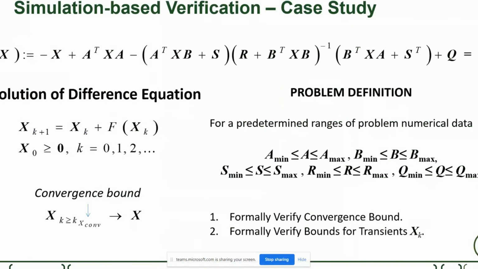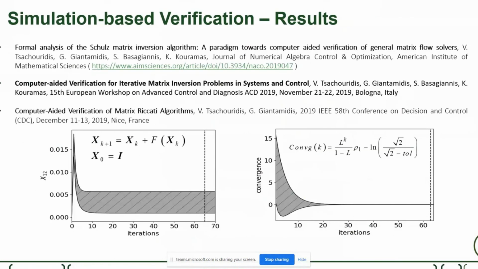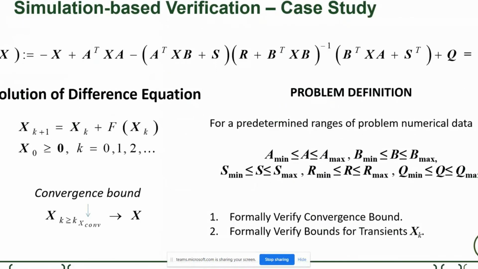And this was one of the initial problems we were trying to solve using this affine arithmetic framework, this simulation-based verification framework. So there's this equation called the matrix Riccati equation. For some particular control problems, this needs to be solved online, and in many cases several times during operation of the system.